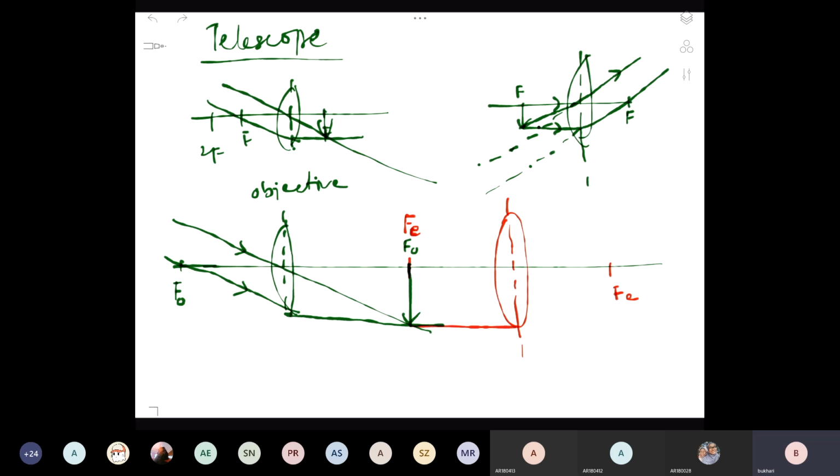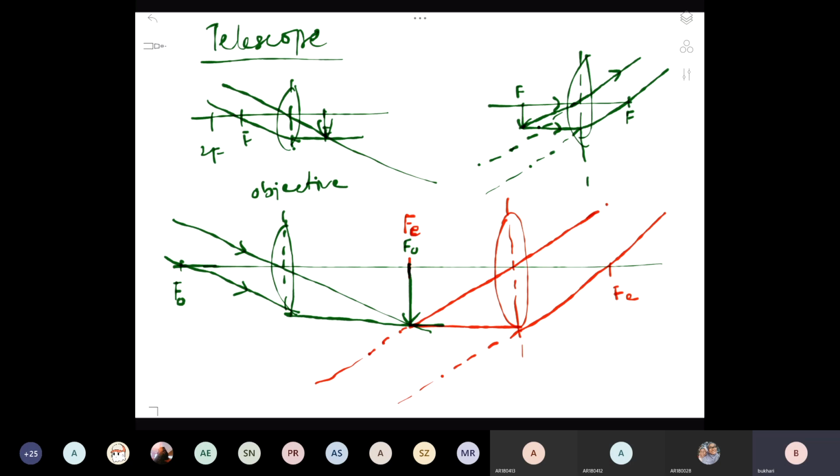So we apply this one. Light travels parallel to the principal axis. It will be refracted towards F, and a line passes through the center of the lens. There is no refraction. The extension of the light backward will never intersect because the lines are parallel.